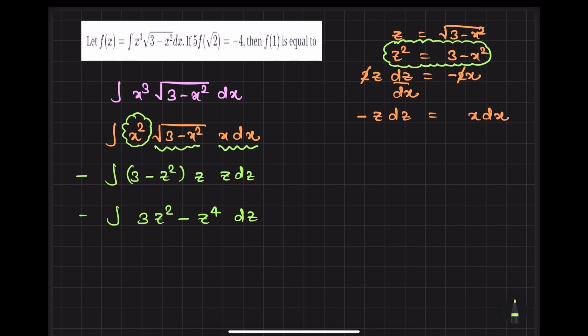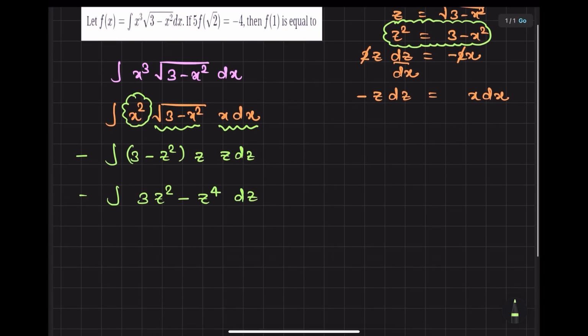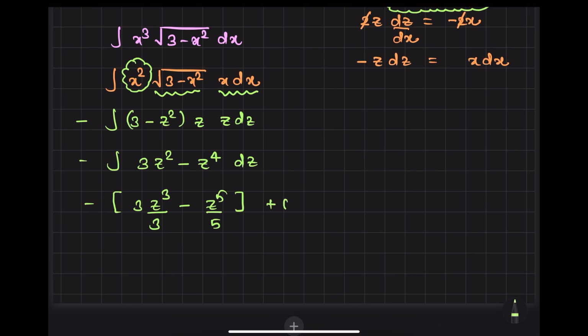Okay. Now let's go with the integration part. So we will have 3 z power 3 by 3 minus z power 5 by 5, and then plus integration constant c. Now let's open the bracket.